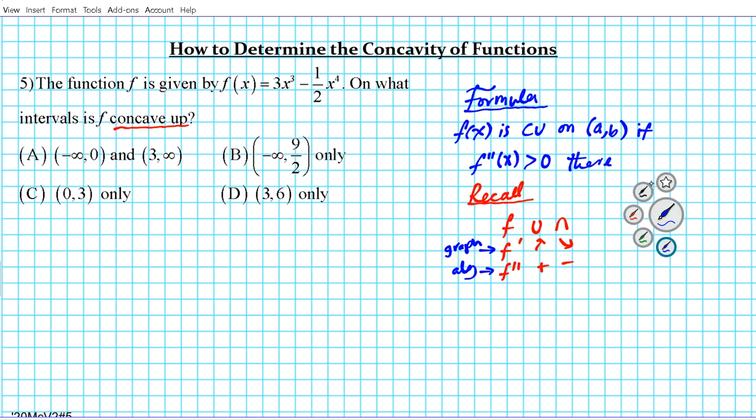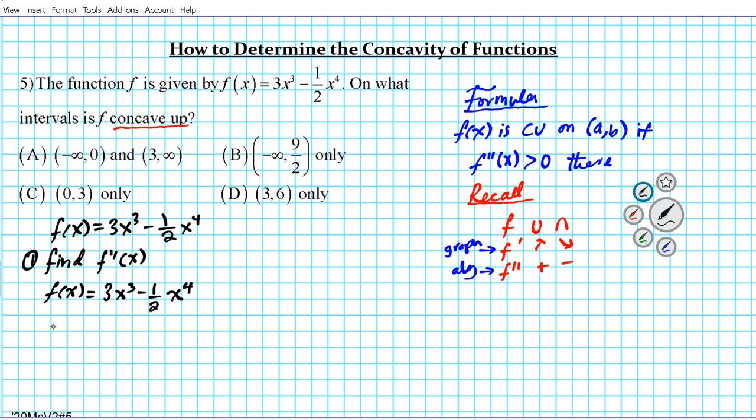Okay, so let's go ahead and get started. We have the function f of x equals 3x to the third minus 1/2 x to the fourth. The first step is we want to find the second derivative of the function, and then we'll use it to determine the signs around the critical values. Just going to apply the power rule twice.